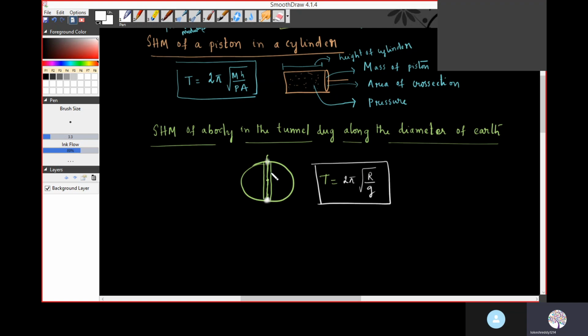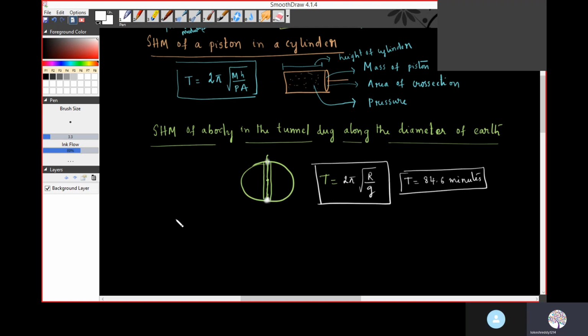Again, when it reaches here, the earth will pull it back, and it will keep oscillating like this. T is equal to 2 pi root R by g. If you substitute the radius of the earth and the acceleration due to gravity, the time period you get is 84.6 minutes. In 84.6 minutes, it will go and come back. The radius of the earth is 6,400 kilometers.